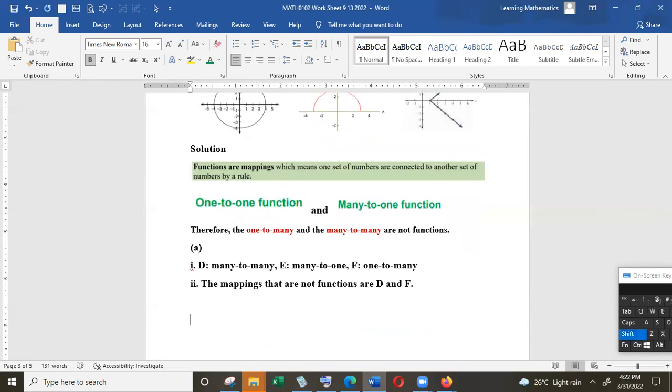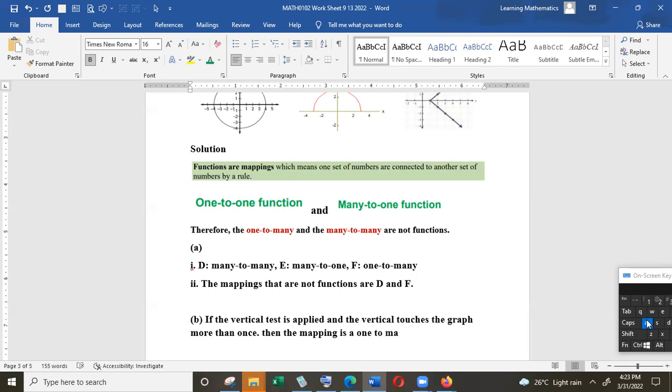So for part B, if the vertical test is applied and the vertical line touches the graph twice or more than once, then the mapping is one to many.